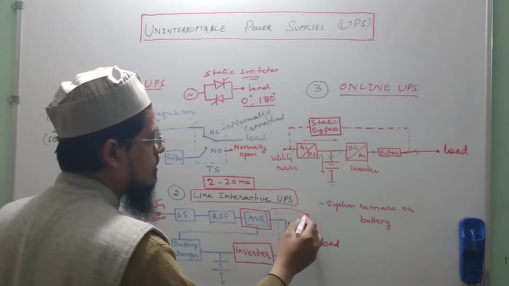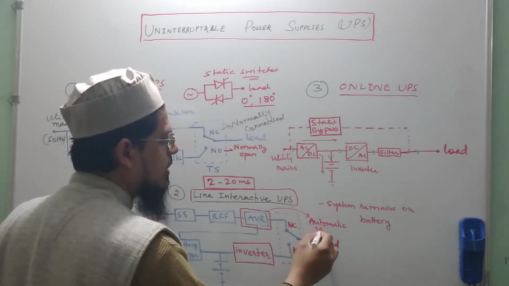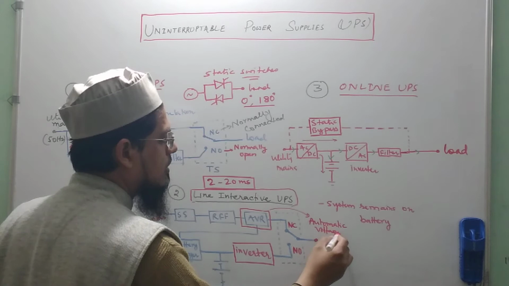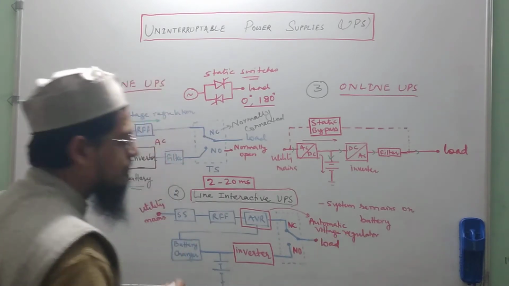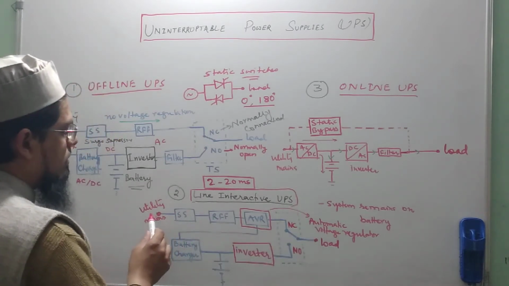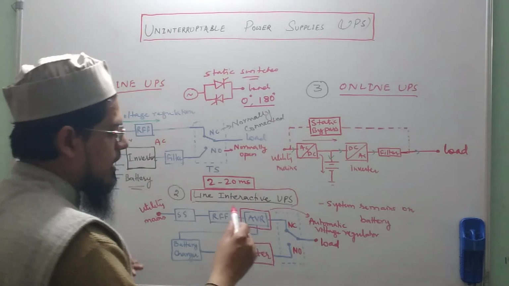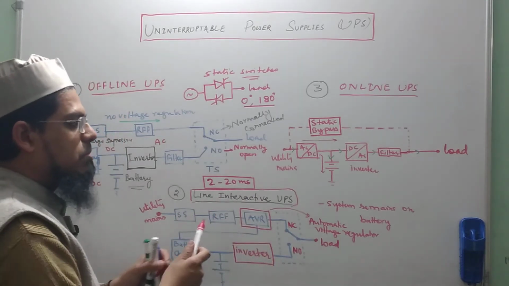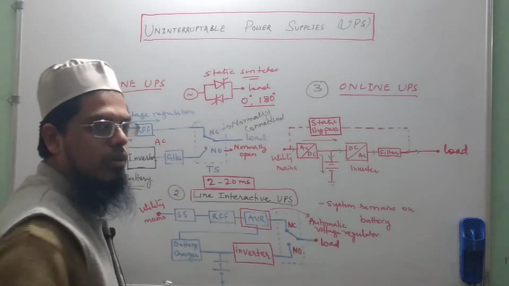AVR stands for automatic voltage regulator. So this ensures that the supply coming from the mains is kept to a permissible value to be given to the load.